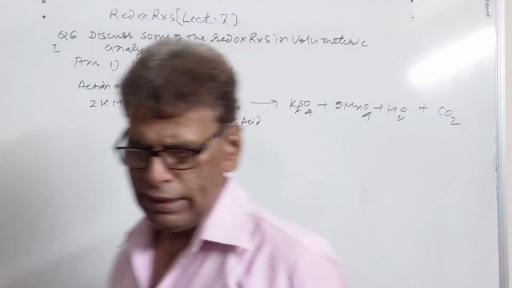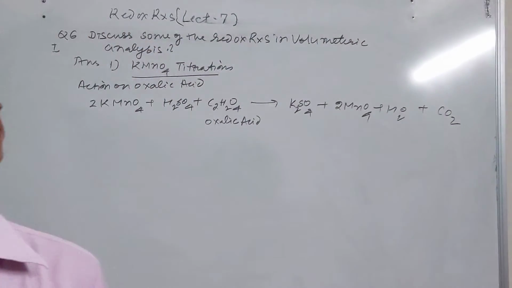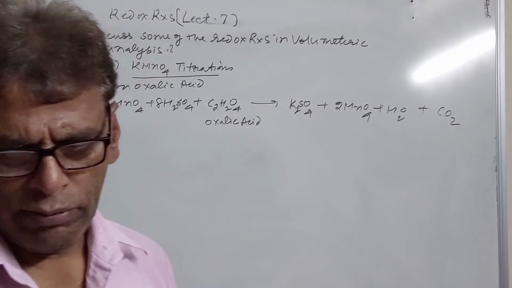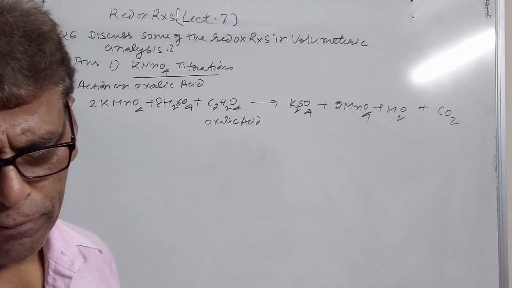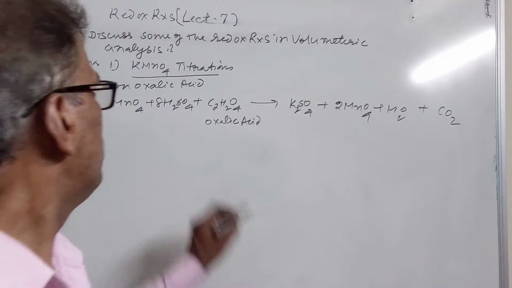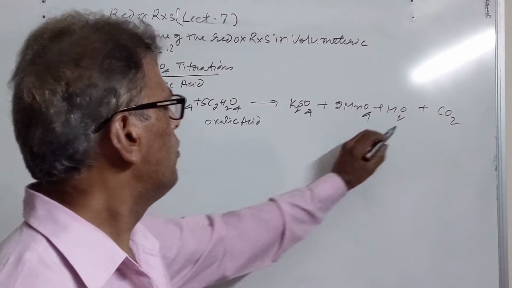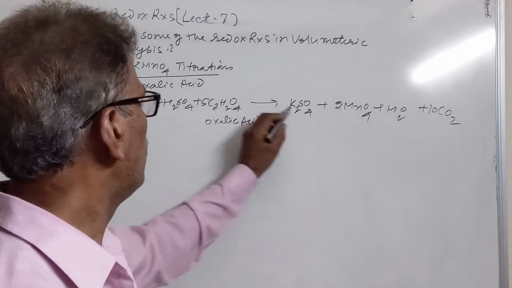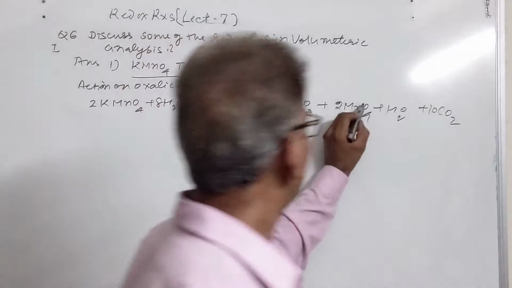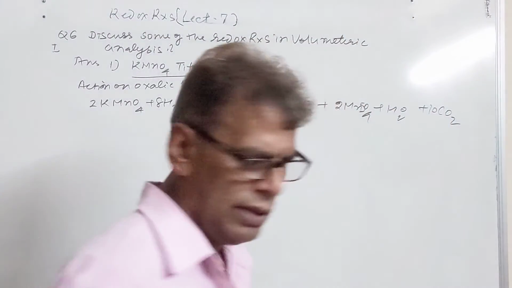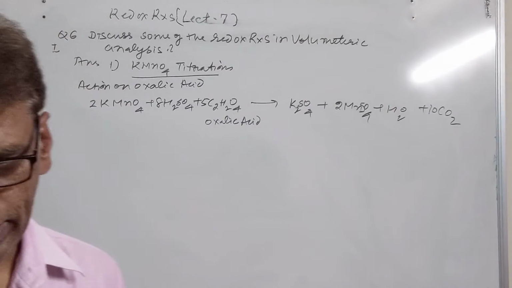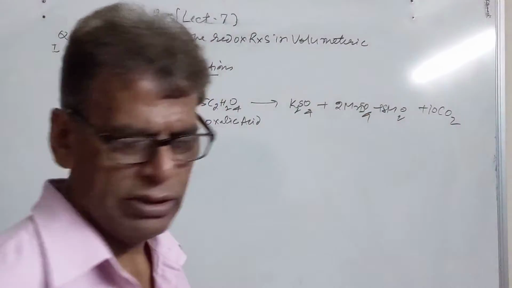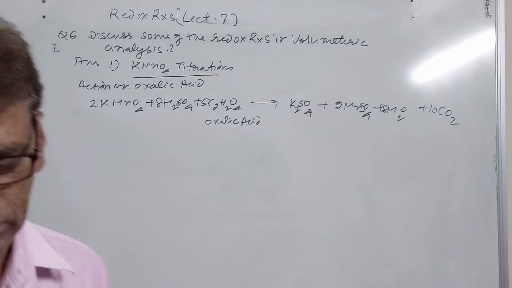Now we balance this equation. 2KMnO4 combines with 8 H2SO4 molecules here, and we take oxalic acid as 5 molecules here. We will be getting 10 carbon dioxide from here. We get K2SO4 1 mole, 2 MnSO4. This is MnSO4, and we get 8 water molecules in this case and 10 CO2. This is our balanced redox reaction.